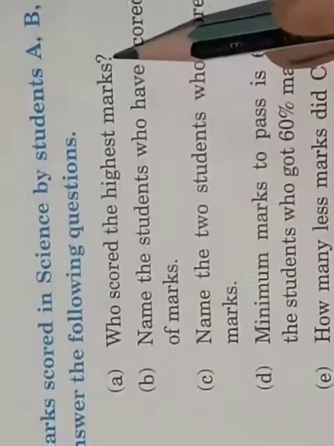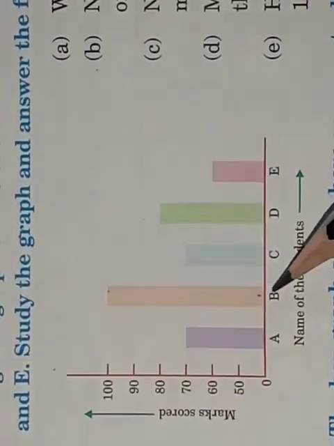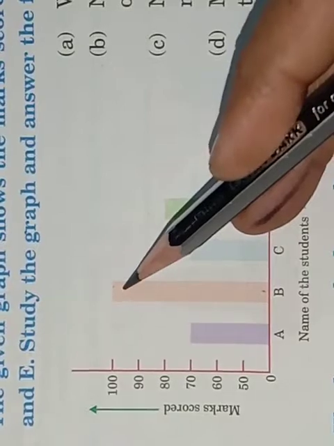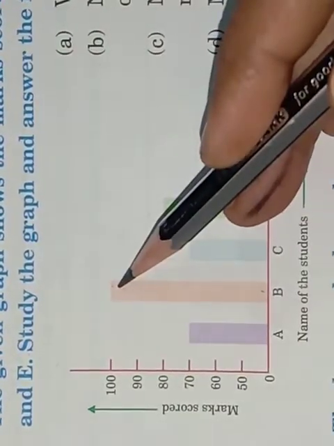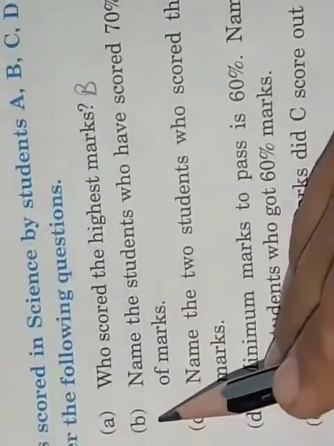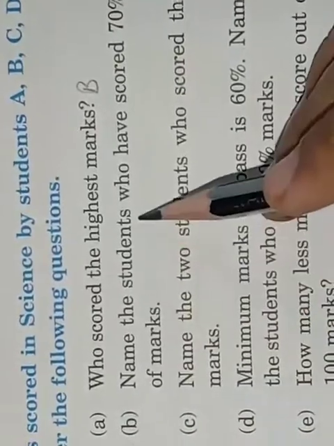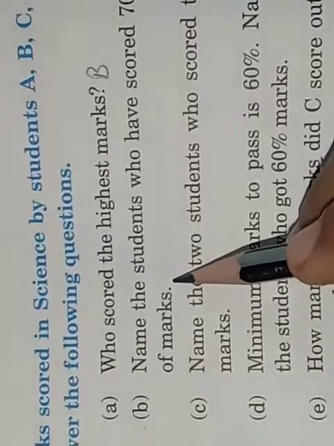Okay, let's solve it. Who scored the highest marks? Look at here. We can see here the highest bar. B has the highest bar. So, the answer will be B. Now, question number B. Name the students who have scored 70% of marks.